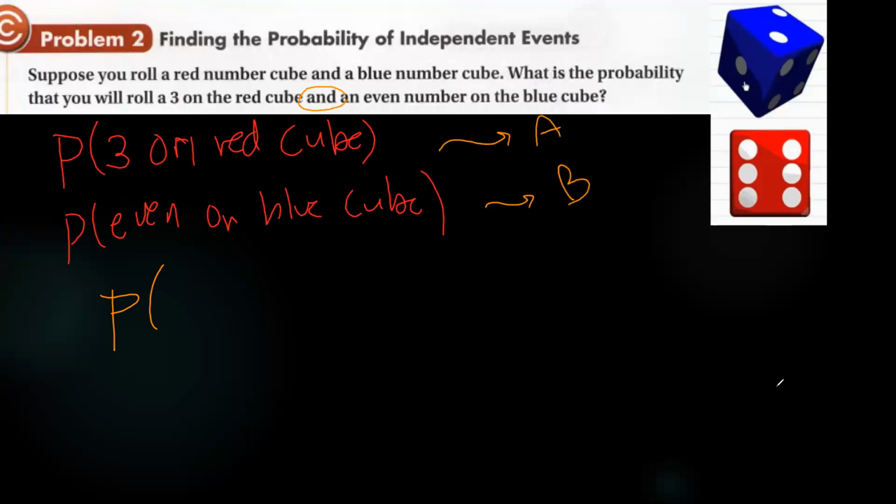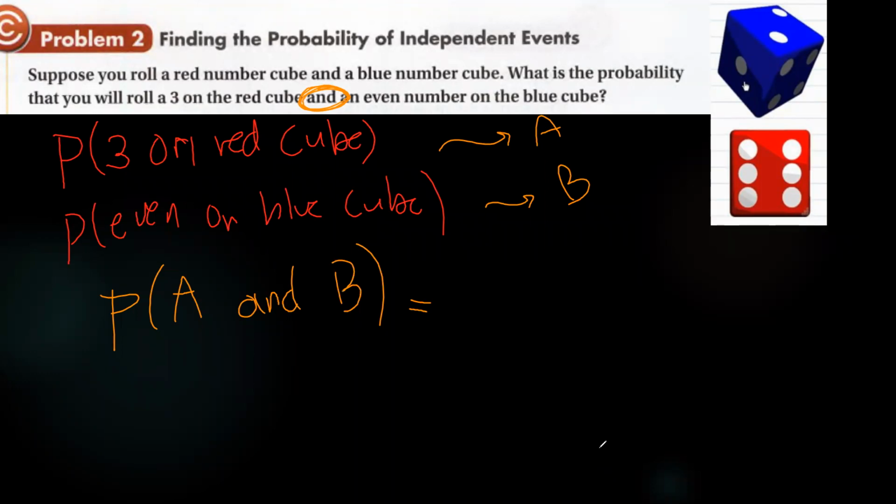Look here, what do we have? The word "and". The word "and" means probability of A and B. The first question here, since we have "and", don't think about mutually exclusive or overlapping. Don't think about it. It means dependent or independent events.